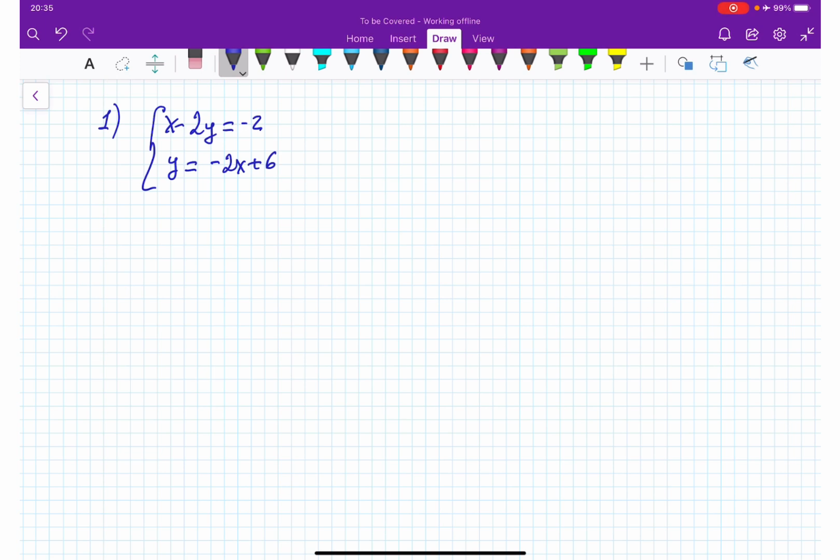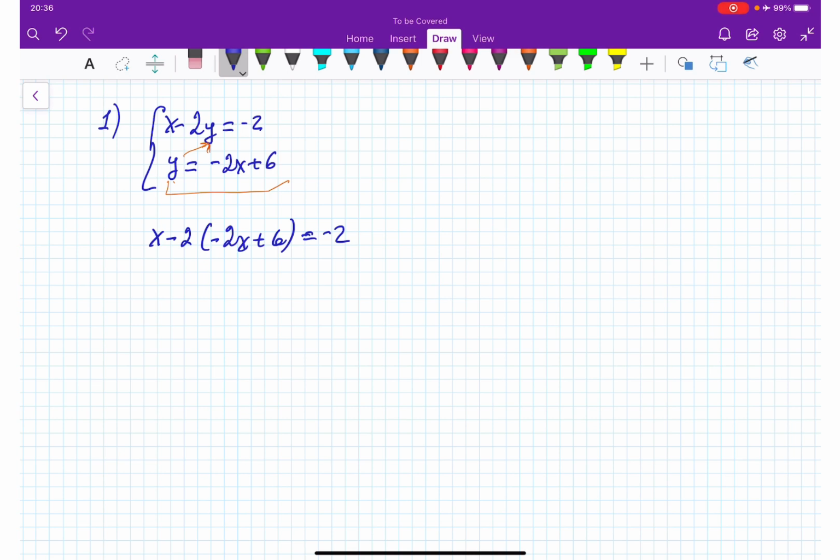Now here, from this one, we already have y is equal to negative 2x plus 6. So I'm going to take it and plug the value of y in here, okay? Which is going to be x minus twice negative 2x plus 6, and that is going to be equal to negative 2.